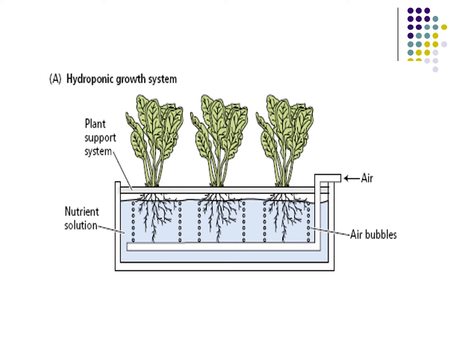Hydroponics is used in the commercial production of many greenhouse crops. In the hydroponic system, the roots are immersed in nutrient solution and air is bubbled through the solution.